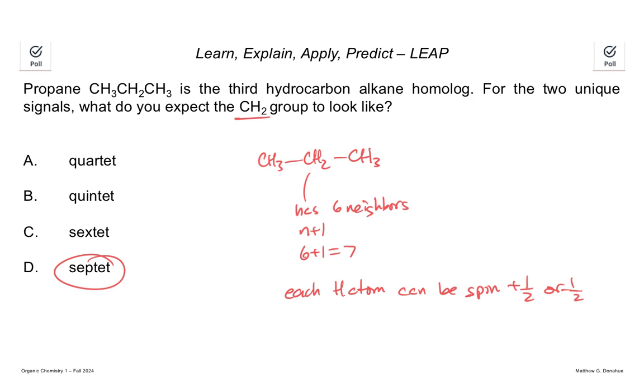And so the signal of interest feels those spins from the neighbors. So it's communicated through the bonds. And that ultimately leads to the number of lines and the distance between the lines. So there's a couple more things that we have to progress through before we fully understand why proton signals look the way they do.